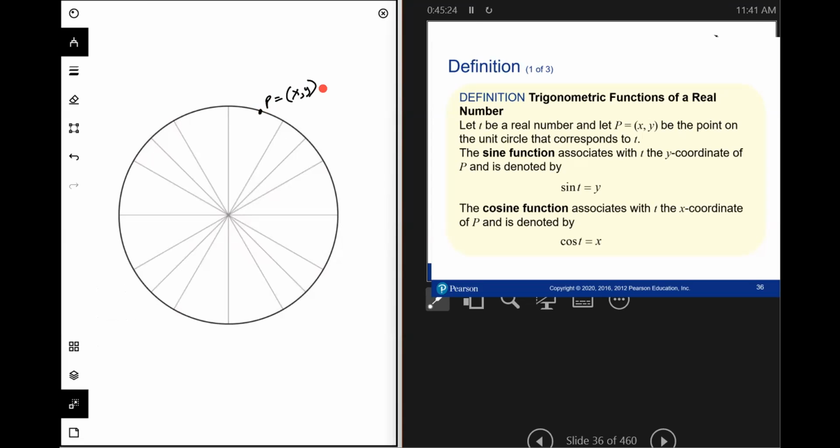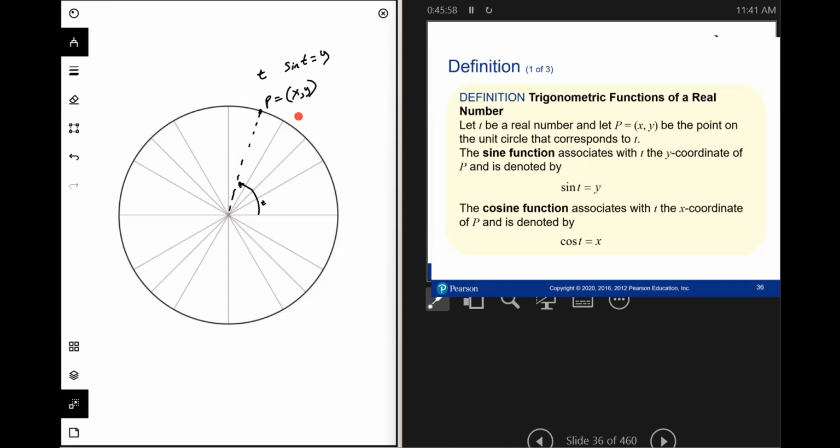All right. So we have some number t, which is some real number, and the sine of t will equal the y value from this point. So we have this, and that's some angle t. All right.